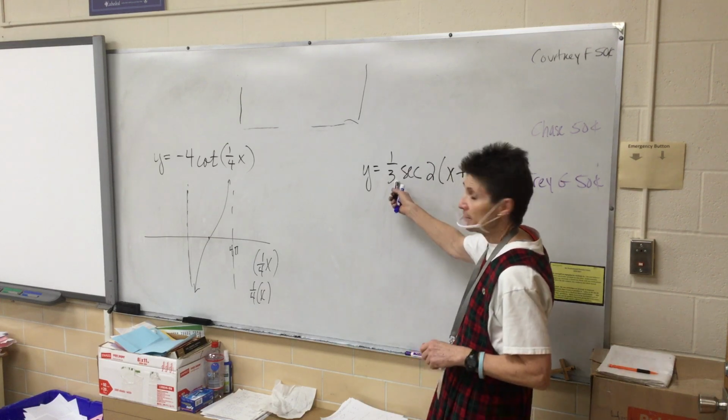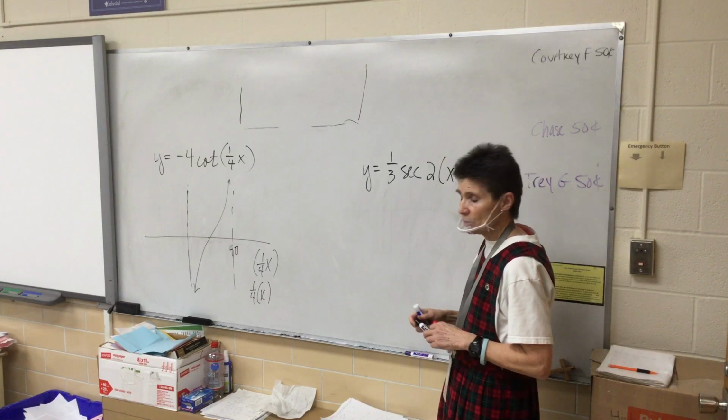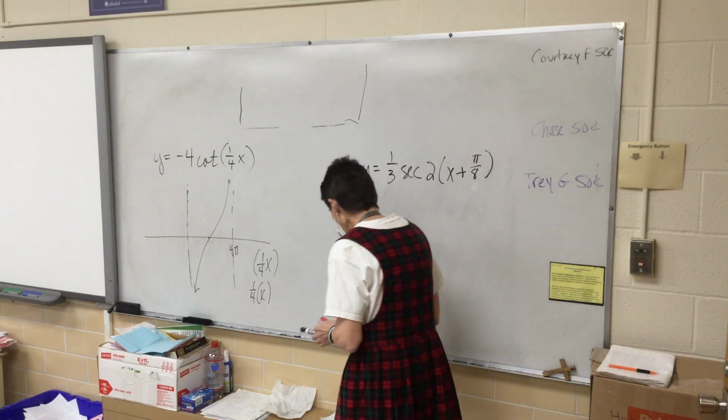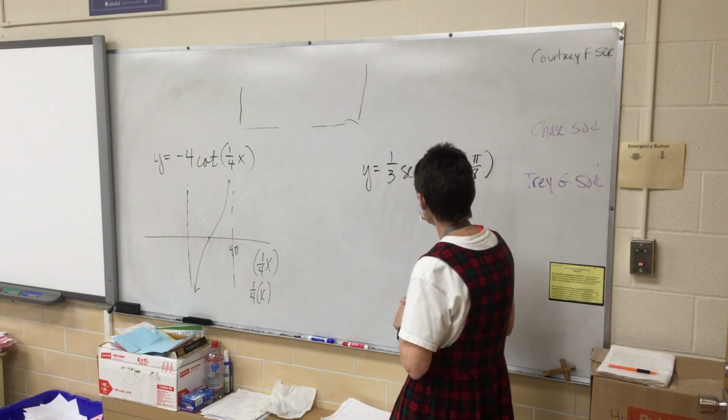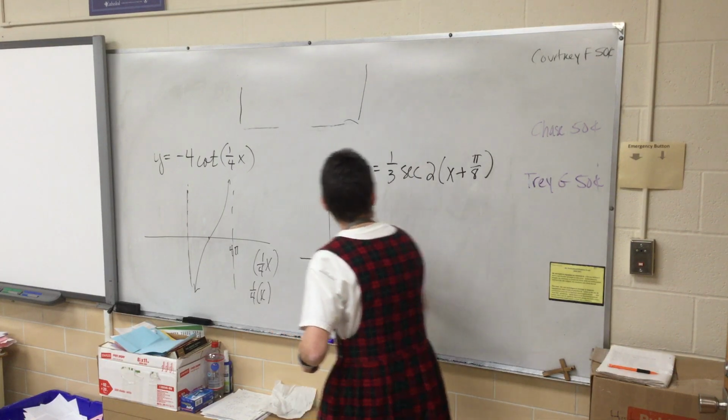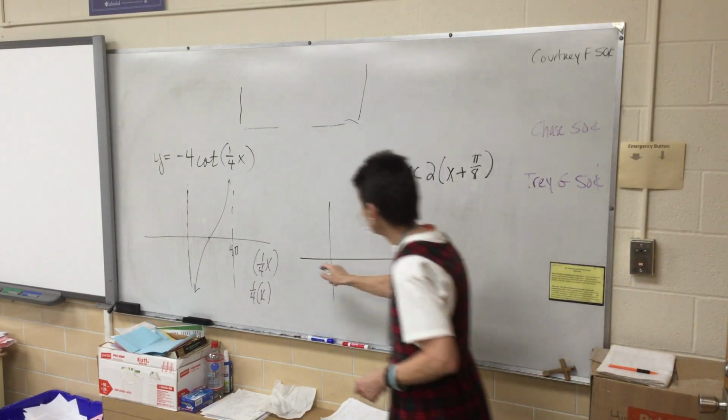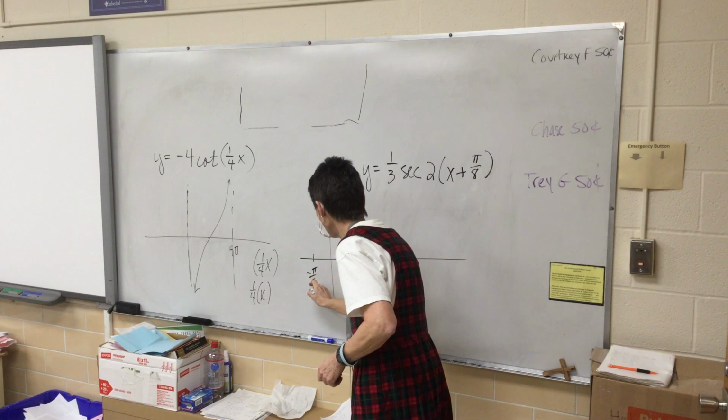Now this 1/3 is going to be important to the picture, because when I sketch it, first of all, I have to shift, so I'm going to be starting over here at negative pi over 8.